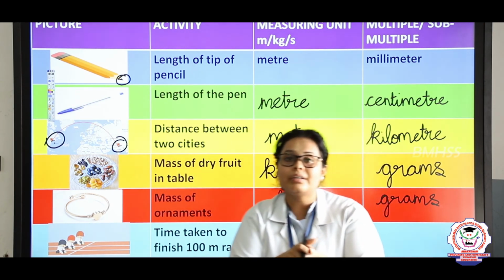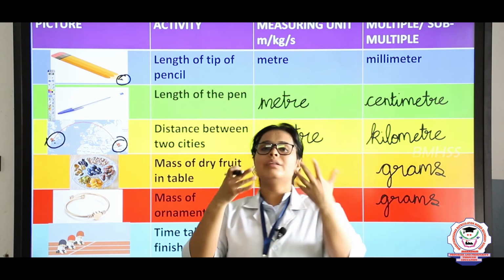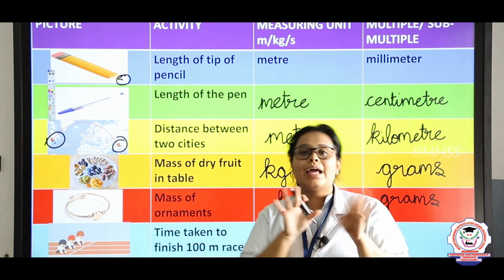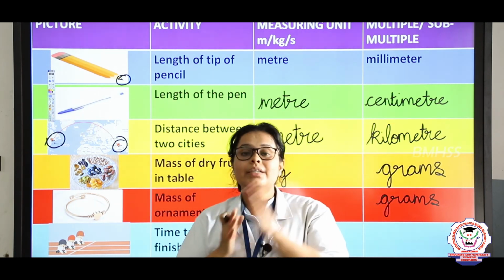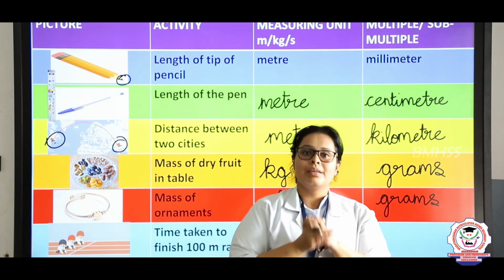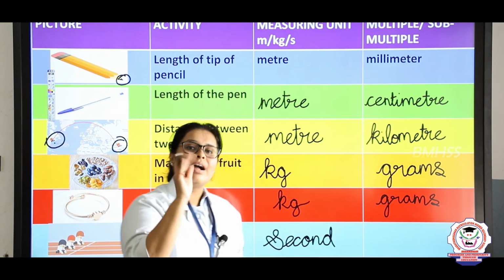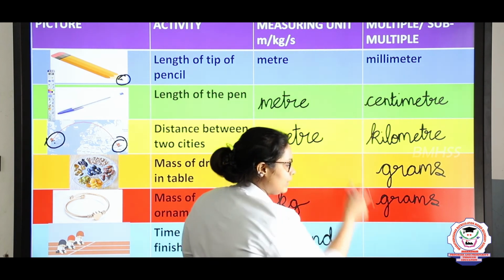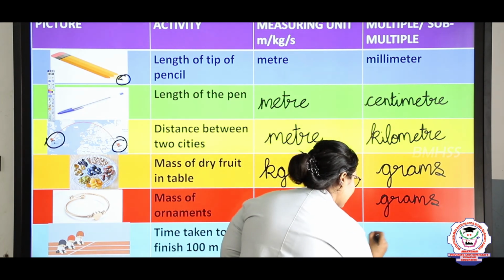So 100-meter race can be completed in few seconds, right? It can be more than 1 minute. So 1 minute can be converted into seconds because 1 minute is equal to how many seconds? It is 60 seconds. So again here for 100 meters I can write the multiple or the same exact value, that is second.